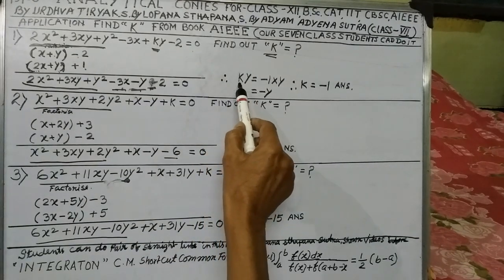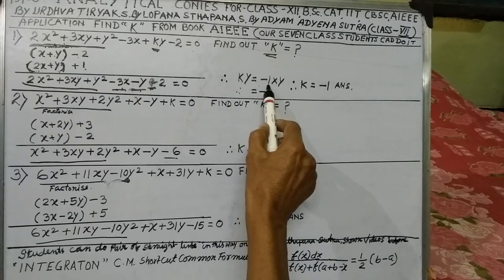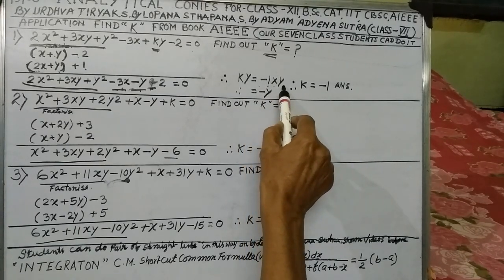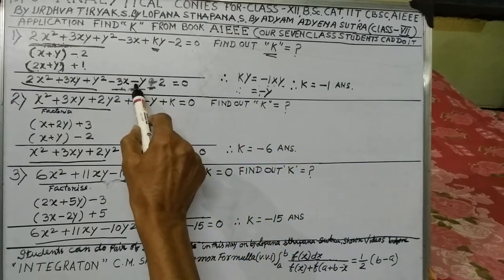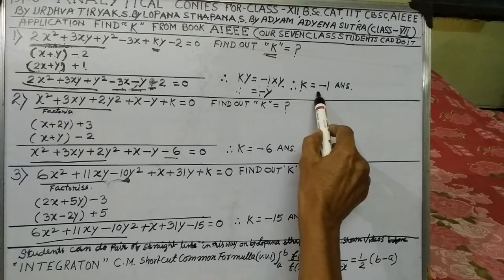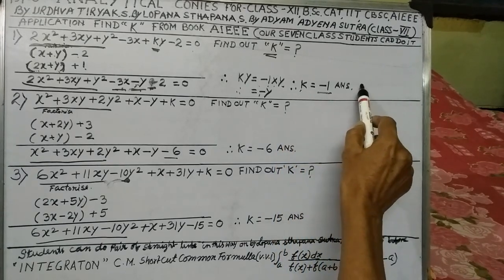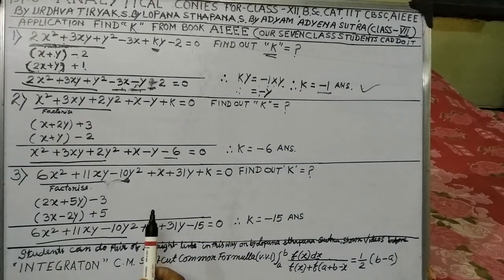We can say ky: if we take -1 into y, then it becomes -y, so we can say k is equal to -1 is our answer. Easily our 7th class student can do it.